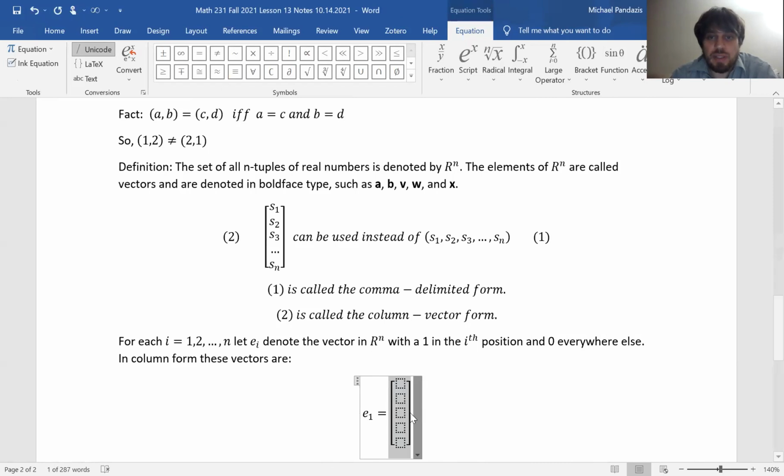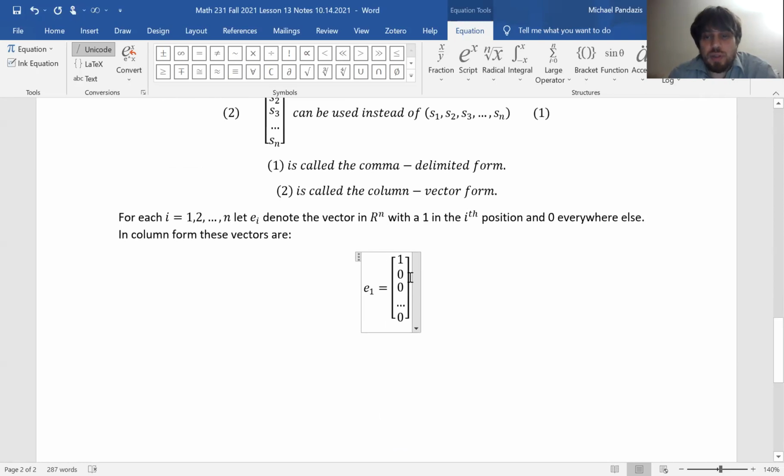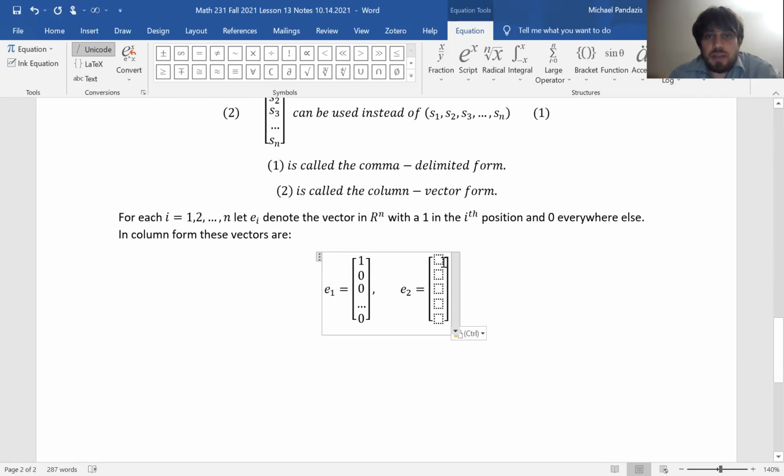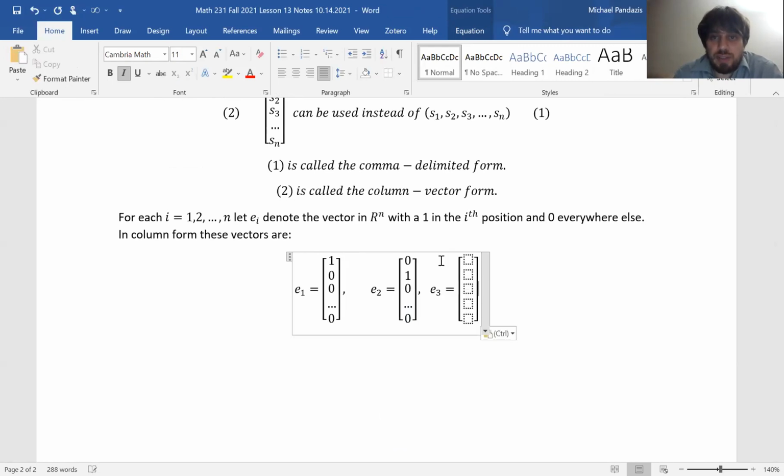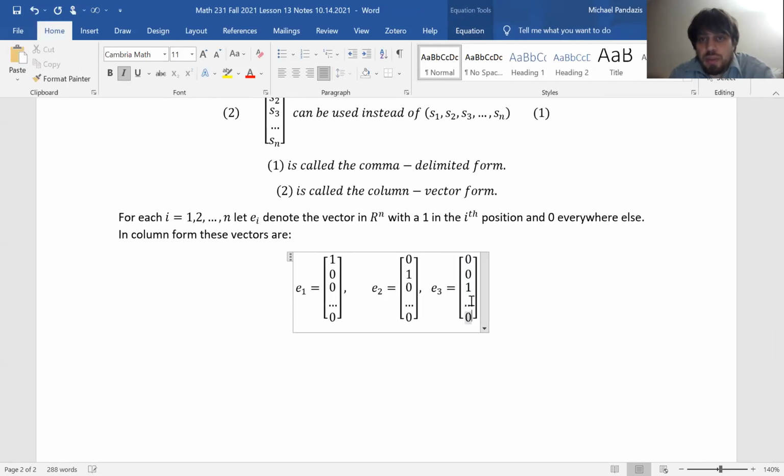So copy this. There's a 1 in the first position. We're living in Rn, so I'm going to put a dot, dot, dot there. There's going to be n rows of that column vector. e2 has a 1 in the second position and 0 everywhere else. e3 is the column vector with a 1 in the third component and zeros everywhere else.